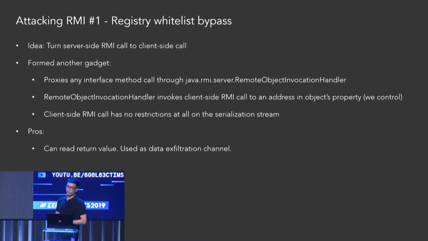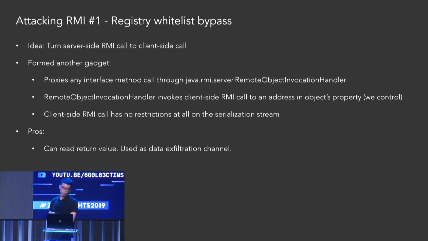For anyone who doesn't know about Java proxy, it's used to proxy an interface method call to another method call that is defined in the invocation handler. In this case, we use the RemoteObjectInvocationHandler from the java.rmi package. This is in the whitelist of the registry.